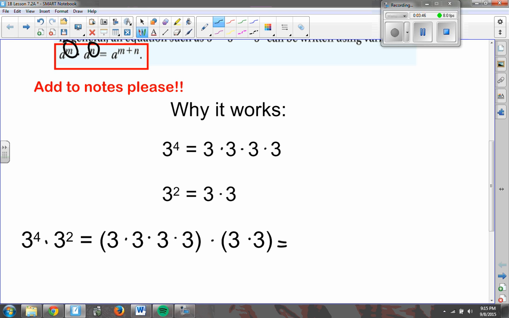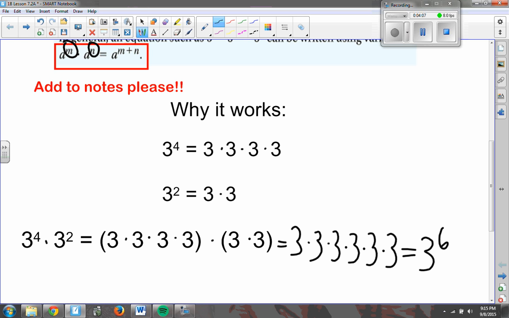So we can eliminate those parentheses, and then we just have, as I said before, 6 3's all multiplied together, 1, 2, 3, 4, 5, 6 3's all multiplied together. And we know that that written as a power is 3 as a base to the 6th as an exponent.